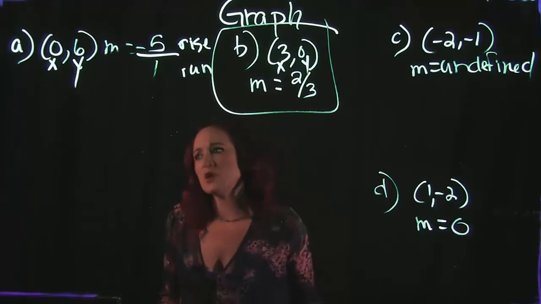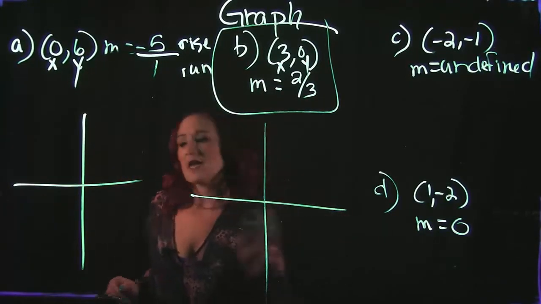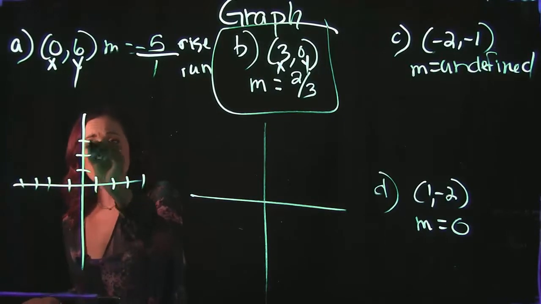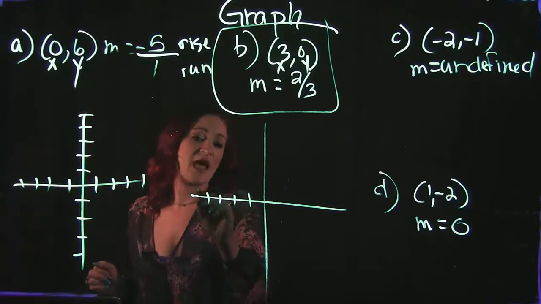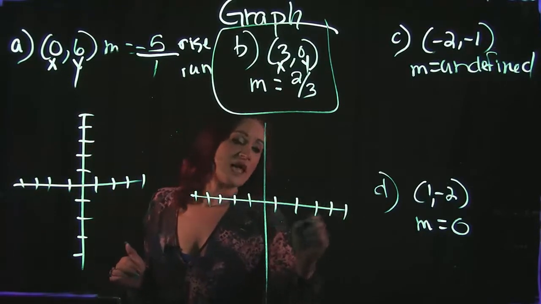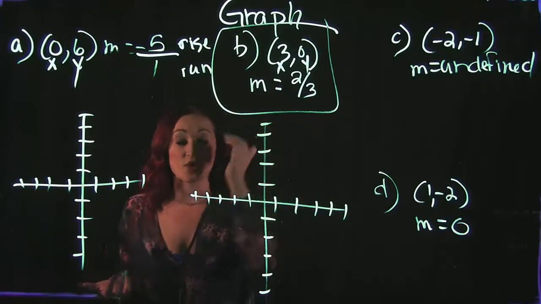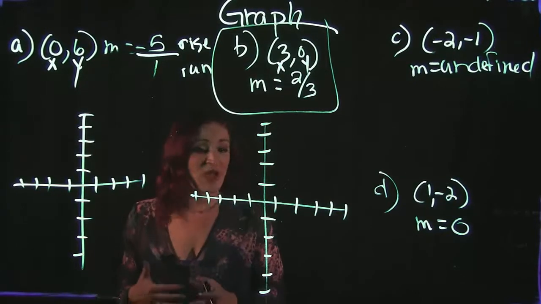Examples C and D represent some special cases when it comes to graphing. And we have to know this going into the problem. We have 2 special cases when it comes to graphing a line: vertical and horizontal lines. Depending on whether you have a vertical or a horizontal line determines what kind of slope you have.